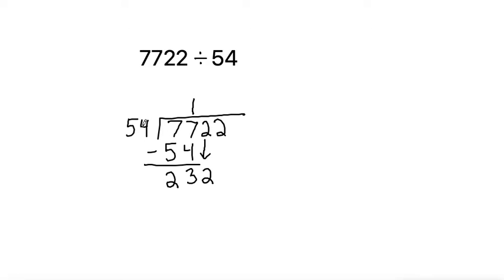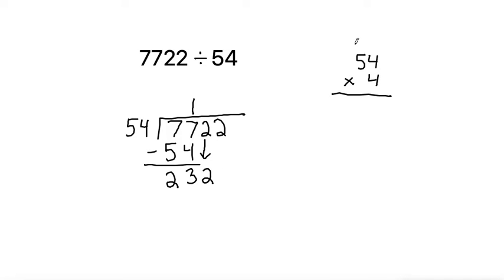So, we know that 1 times 54 is 54. 2 times 54 would be about 108. 3 times would be about 150. 4 times, let's see, if we do 54 times 4, would that be as close as we can get to 232 without going over? Let's check.